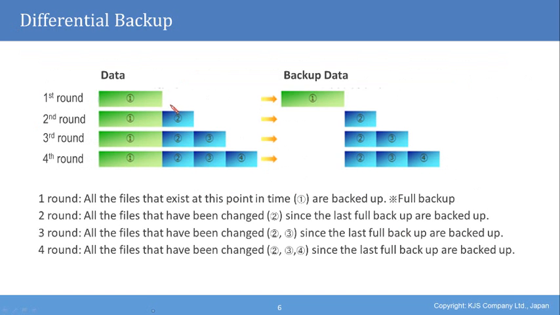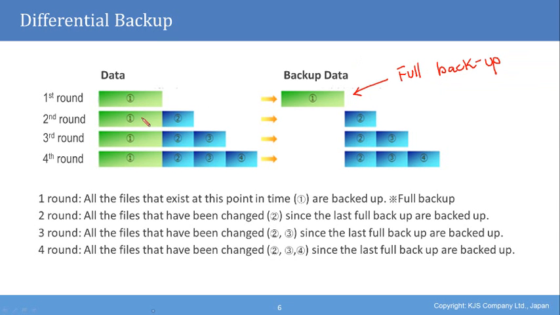Now again we have a diagram of the backup history here. First of all, let us begin with the first round, where we have one chunk of the original data. We will back up this data so we have an exact copy, and this of course is a full backup. Now in the second round, what we have done in the first round is a full backup.